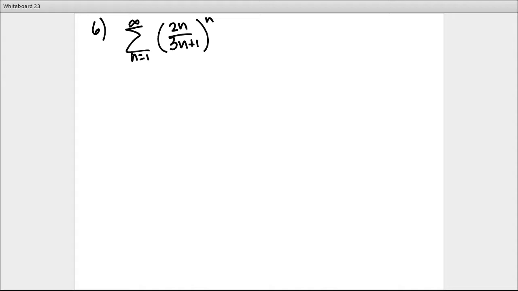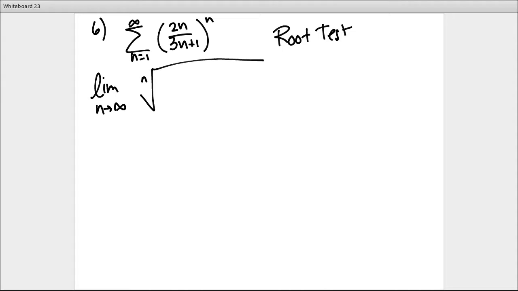So I would definitely try the root test, which is the limit as n goes to infinity of the nth root of, take the absolute value, of the 2n over 3n plus 1 to the nth power.